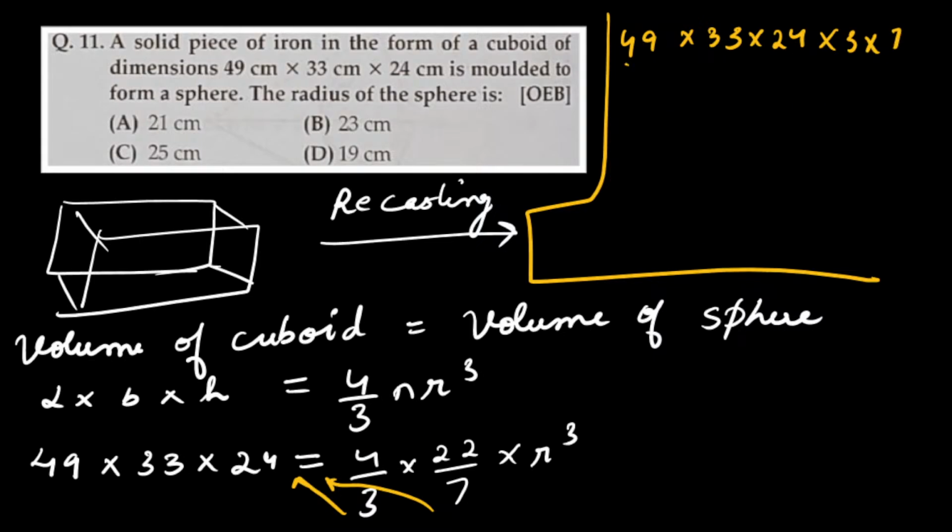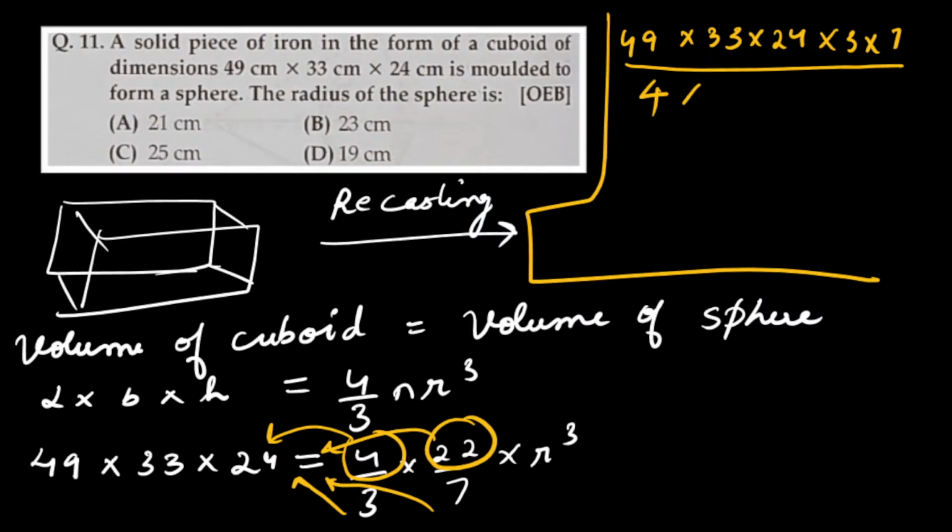This 4, when we shift it to the other side, gets divided, and 22 also gets divided. So on this side we can write r cube.